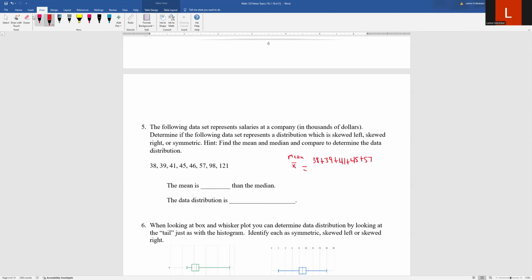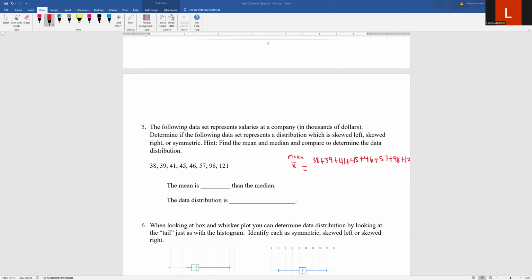46. I'm writing as I'm talking. So 46. Make sure you don't forget any of them. 57, 98, and 121. Now I'm already guessing my data set is going to be skewed to the right because I have all these low scores and then some really, really high scores that don't fit with everything else. But let's check it. Then we're dividing by how many scores we have. 1, 2, 3, 4, 5, 6, 7, 8.